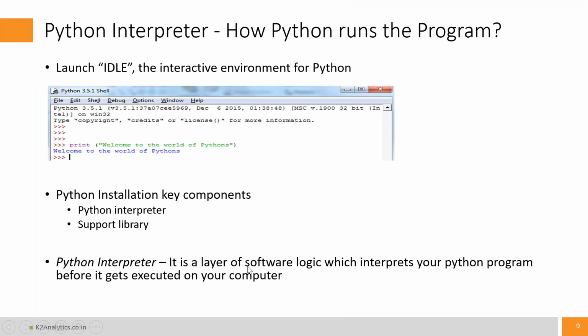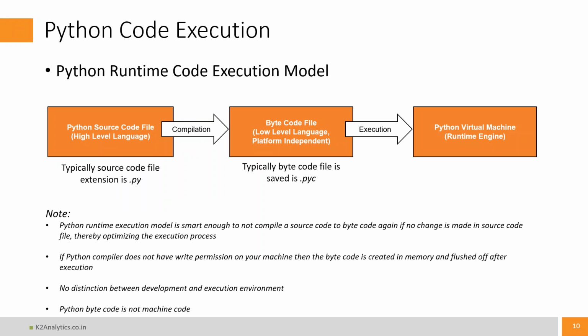What is an interpreter? It is a layer of software logic which interprets your Python program before it gets executed on your computer. So let us see the code execution steps. What happens? The first step is you write a code. Typically, when you write a code and you save the entire script, you save it with a .py extension.